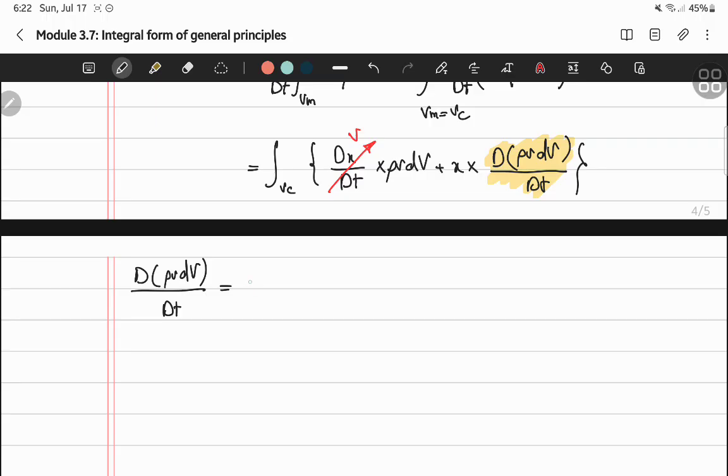So we have dv/dt rho dv plus v d(rho dv)/dt. This is 0 due to conservation of mass.